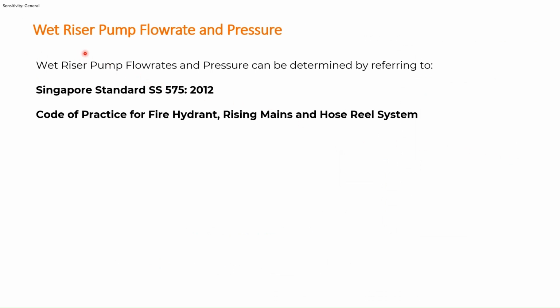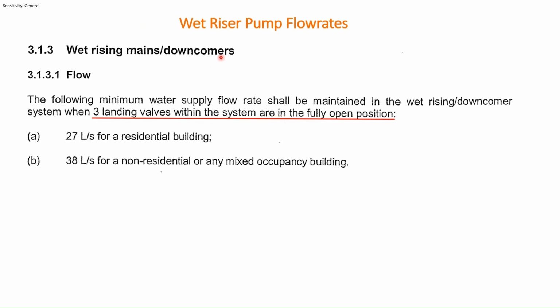For the design of water riser systems, we have to base it on the code for fire hydrant, rising mains, and hose reel systems. As per the code, when 3 landing valves are in operation, we need to achieve a minimum of 27 liters per second for a residential building and 30 liters per second for a non-residential building or any other mixed occupancy building.